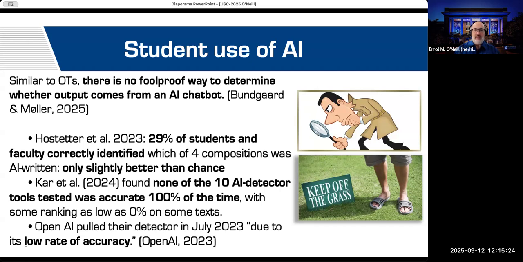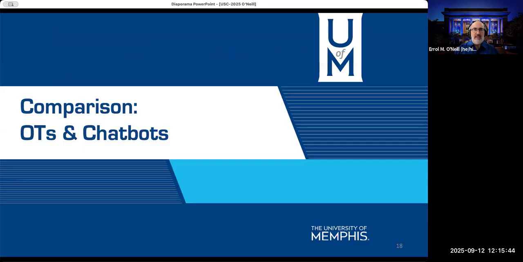And OpenAI themselves, the people behind ChatGPT, pulled their detector because of what they called a low rate of accuracy. So there can be hints, and there could be ways of trying to determine probabilities of whether or not AI is used, but it's very hard to definitively say whether or not AI was used on a given text.